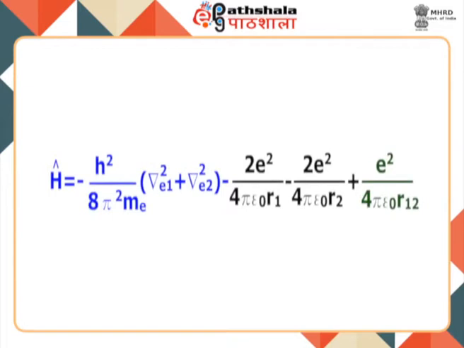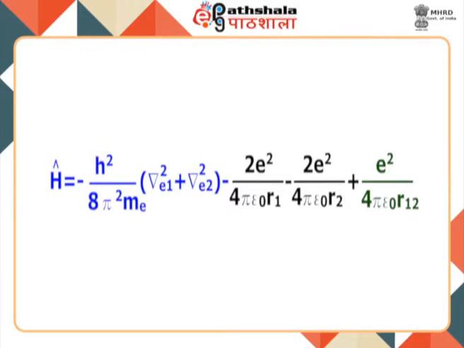So you have now seen that we have been able to solve the problem of the helium atom neglecting the interelectronic repulsion term. But we have to take into account this interelectronic repulsion term in the form of a perturbation.